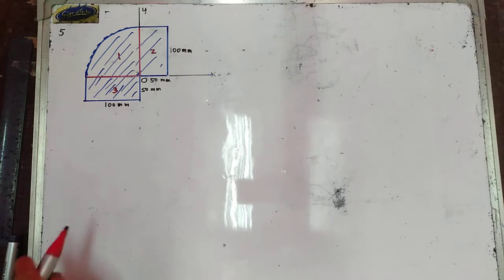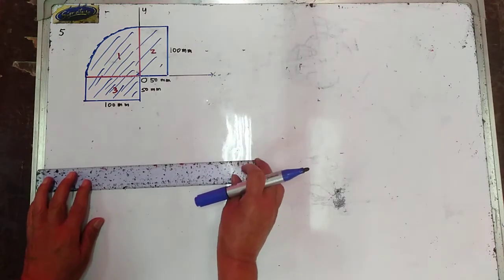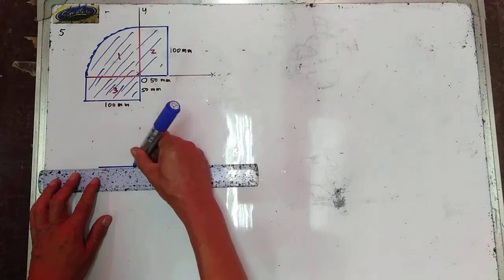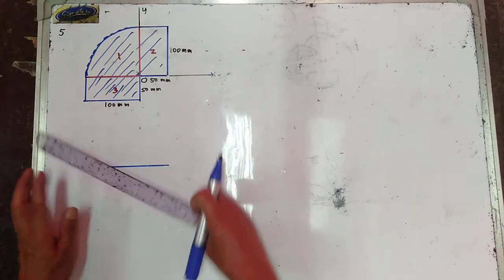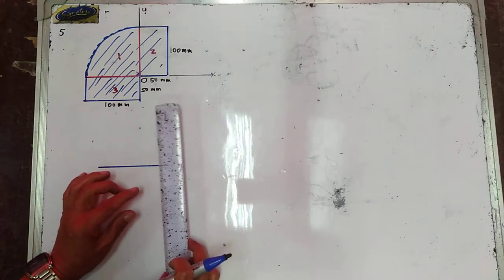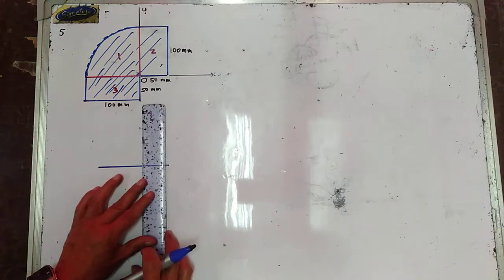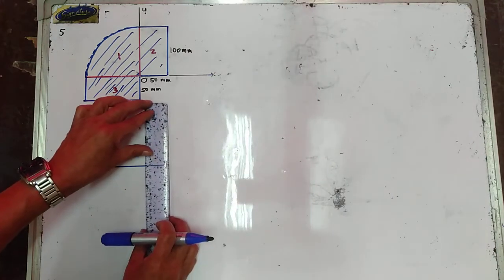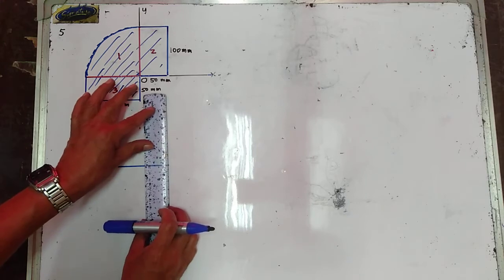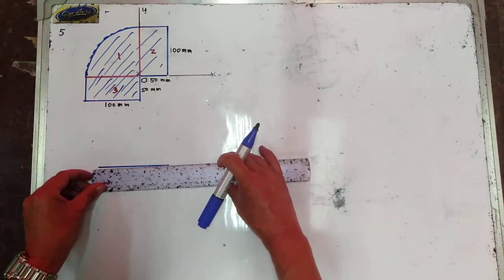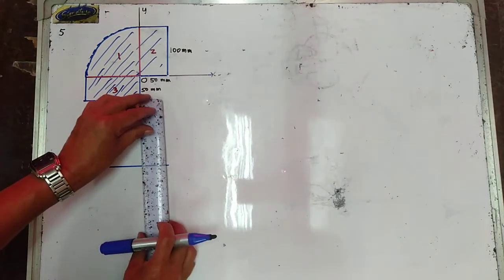So let's start now with the first area. This is 4. So I need 4.